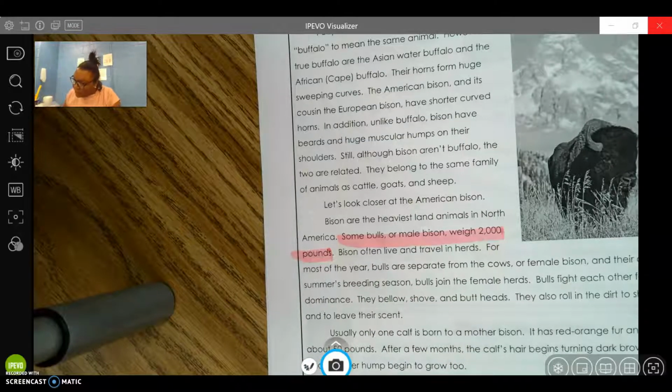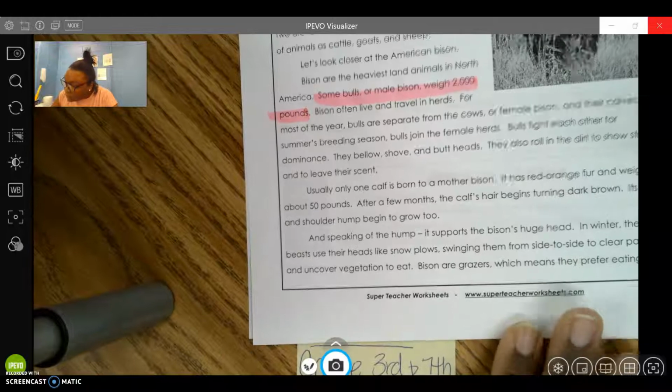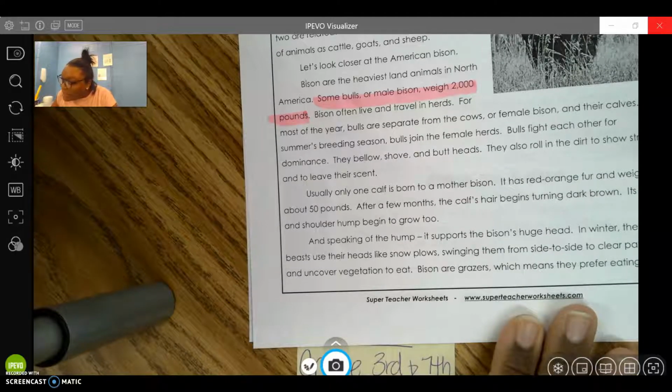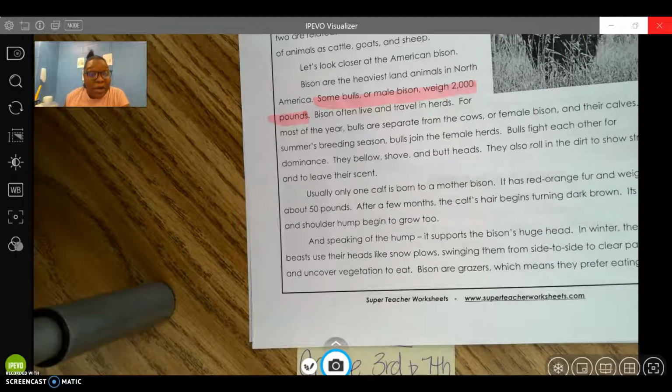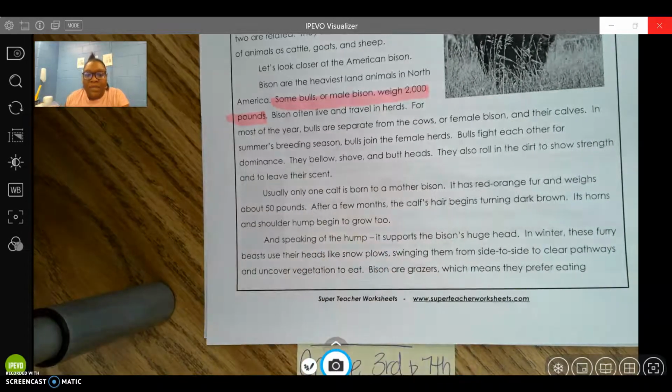Very good. As we continue to read, we're going to look further down, and I'm highlighting in orange any example of reproduction. We see something here about the calves and the mother bison.